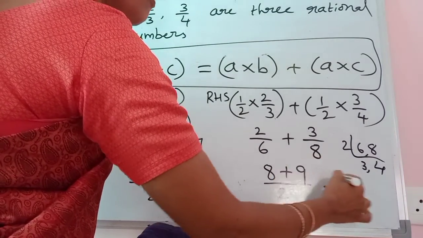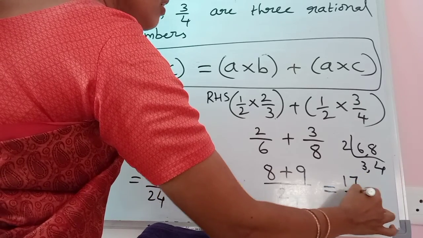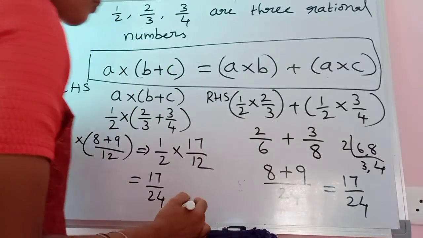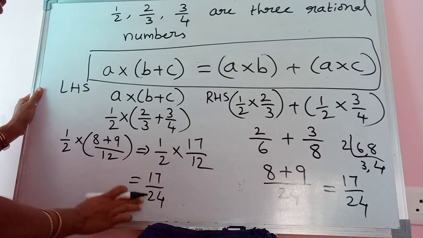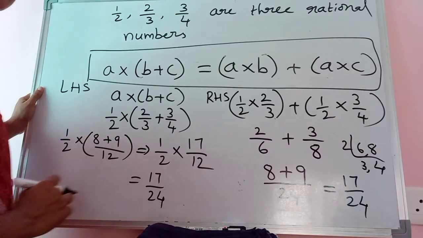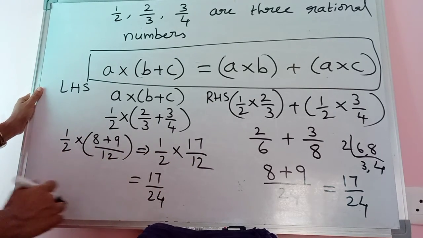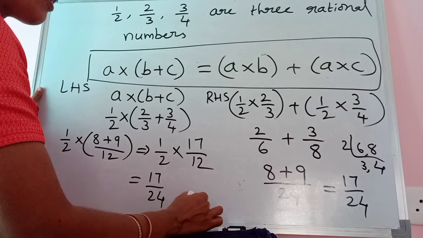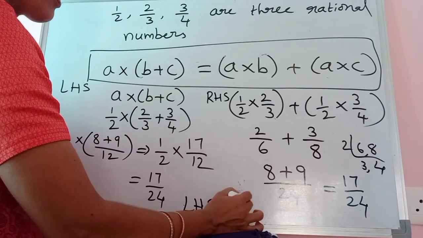If I add 8 and 9, I get 17 by 24. Left hand side 17 by 24, right hand side also 17 by 24. LHS is equal to RHS.